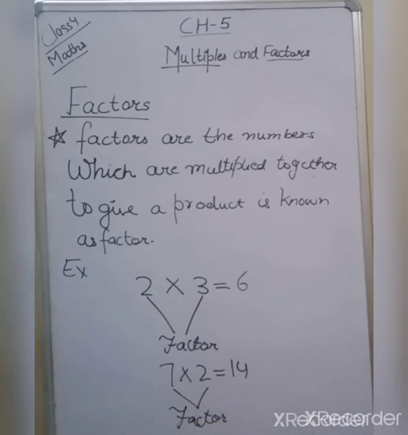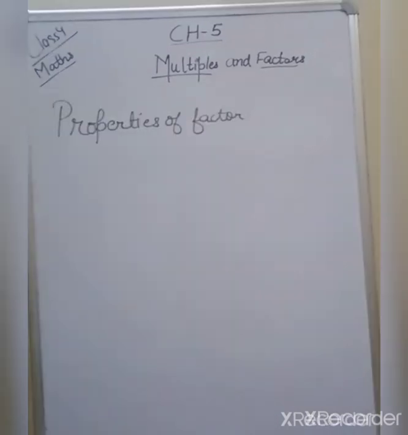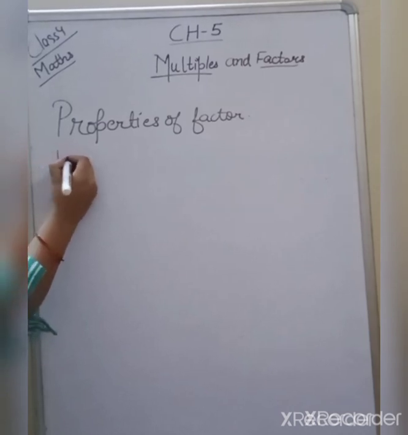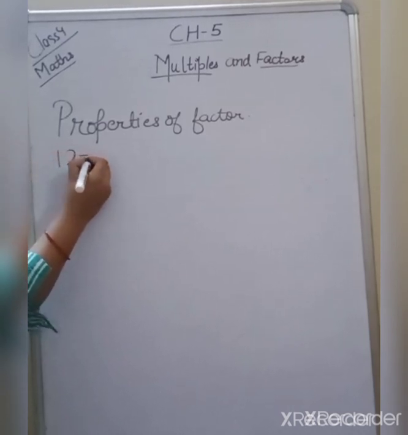Okay. So students, now we will talk about the properties of factors. By observing factors of two numbers, we will find out the properties of factors. Let's say factors of 12.